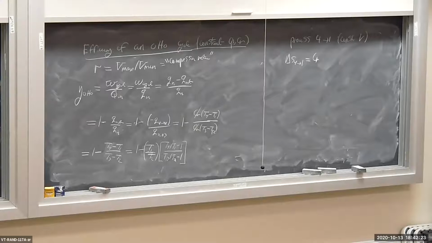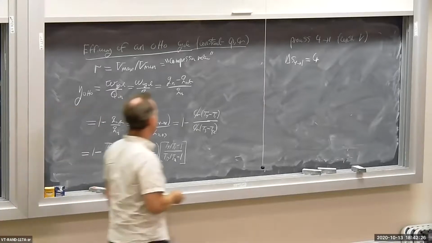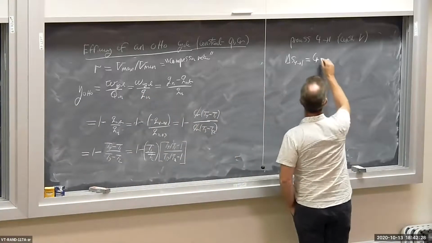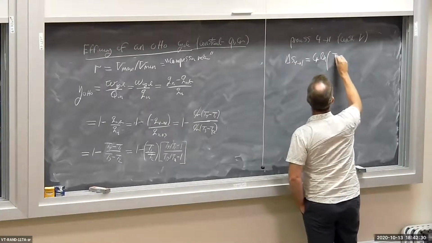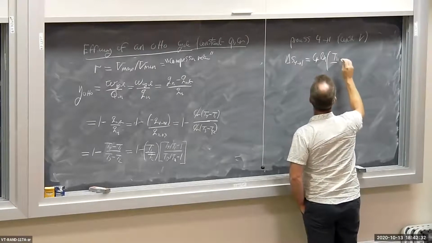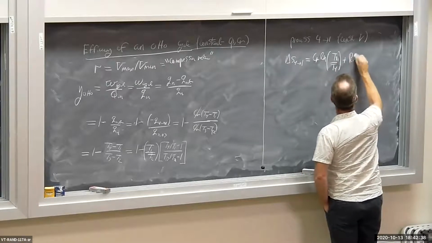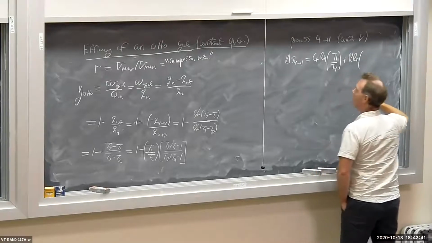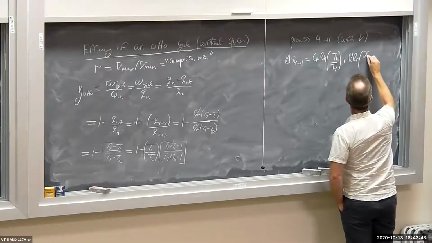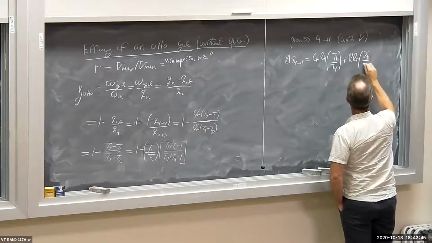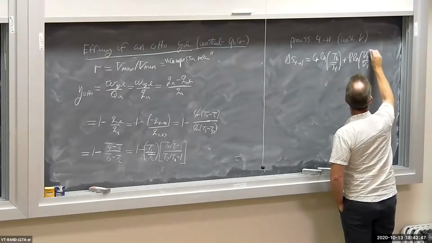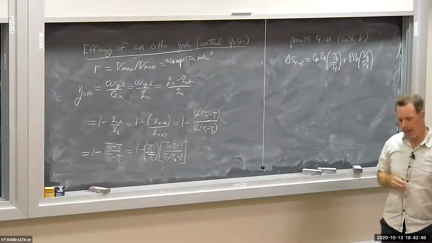So let me write that down. I have delta S from 4 to 1 is equal to CV ln T1 over T4 plus R ln V1 over V4. Okay?